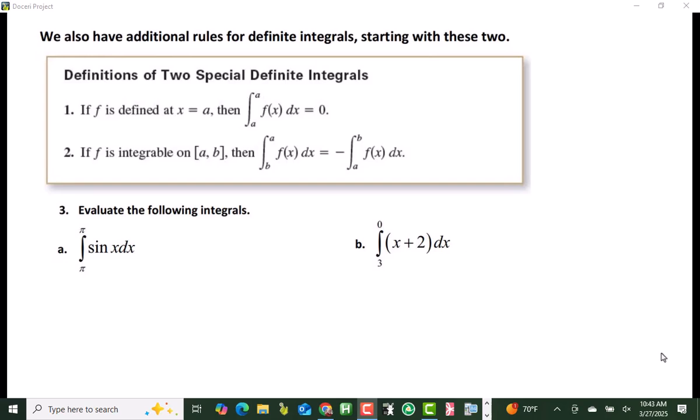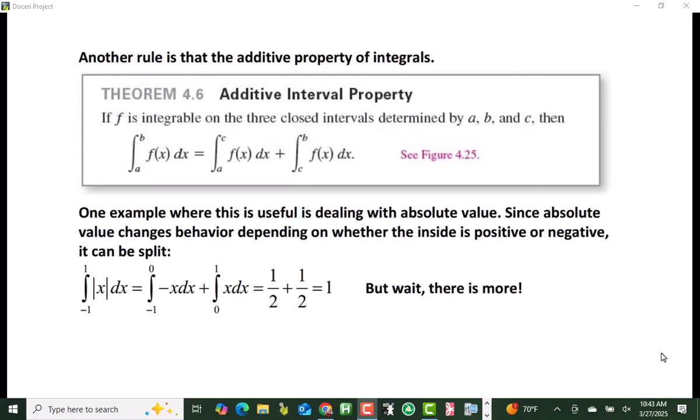Okay, one last little thing here, I believe. Well, nearly. This is saying we can split these definite integrals into parts. Now then, they're making an assumption here that they didn't say. I've got 3 closed intervals determined by these points A, B, and C. Look at what they're saying.